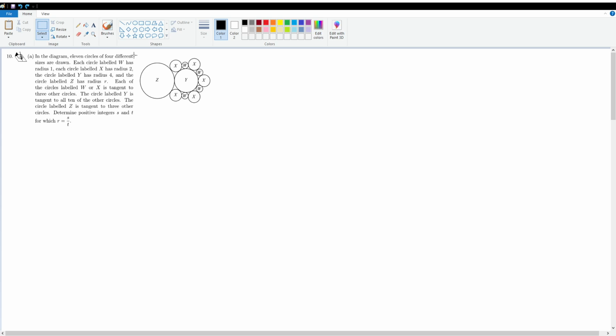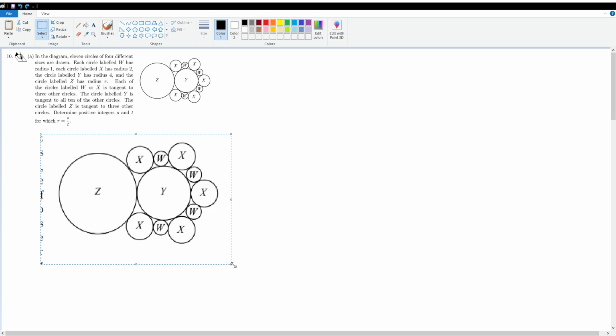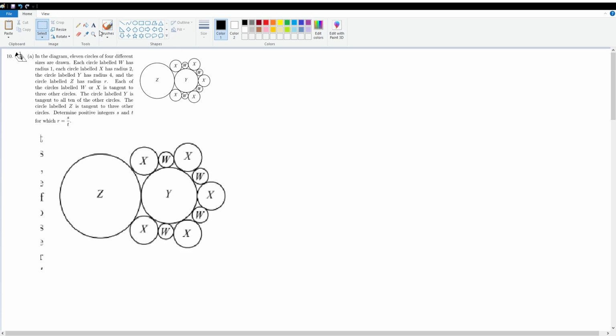Right off the bat, let's label some things. I'm going to get a bigger diagram so I can label them. In the diagram, 11 circles of 4 different sizes are drawn. Each circle labeled W has a radius of 1, so this is 1.